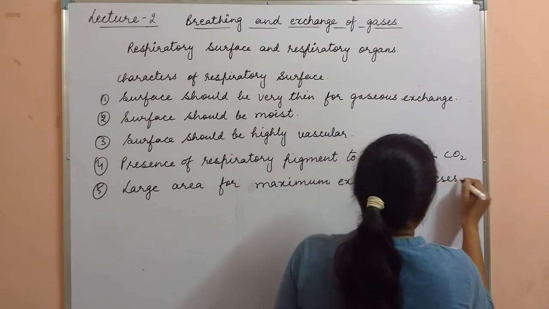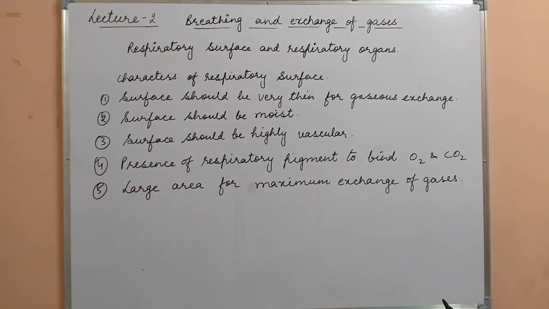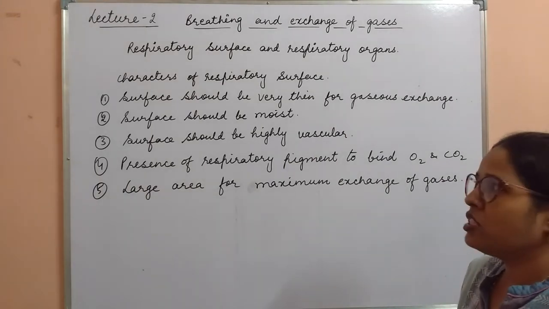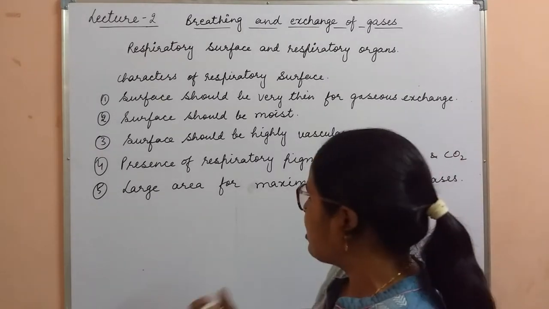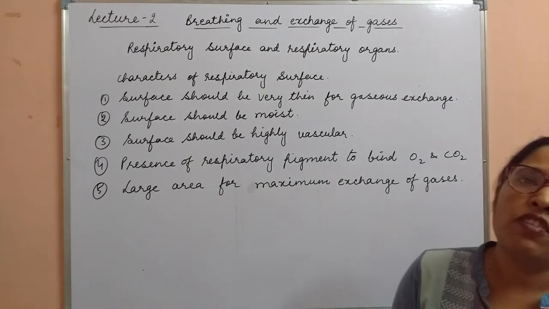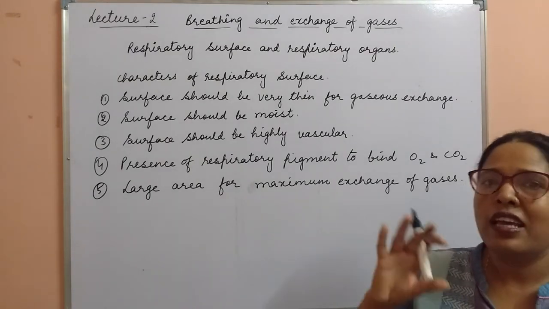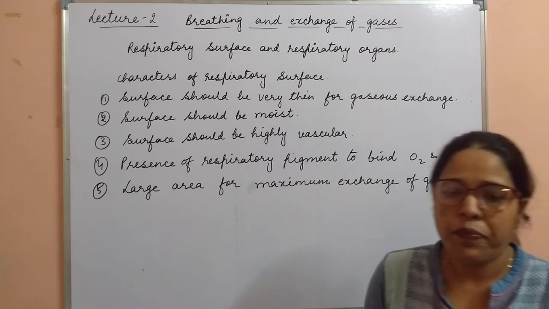So these are some important characteristic features which should be present in the respiratory surface. That is, it should be very thin, it should be moist, it should be highly vascular, a respiratory pigment should be present, and a large surface area should be there, so that gaseous exchange can take place very efficiently.